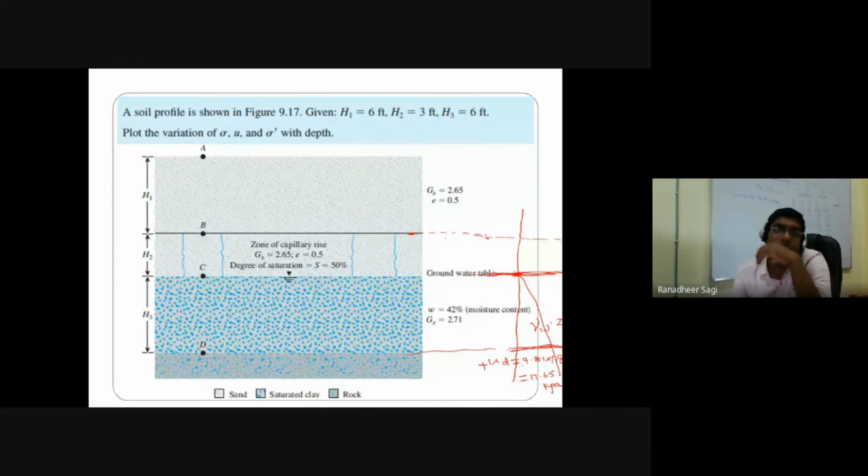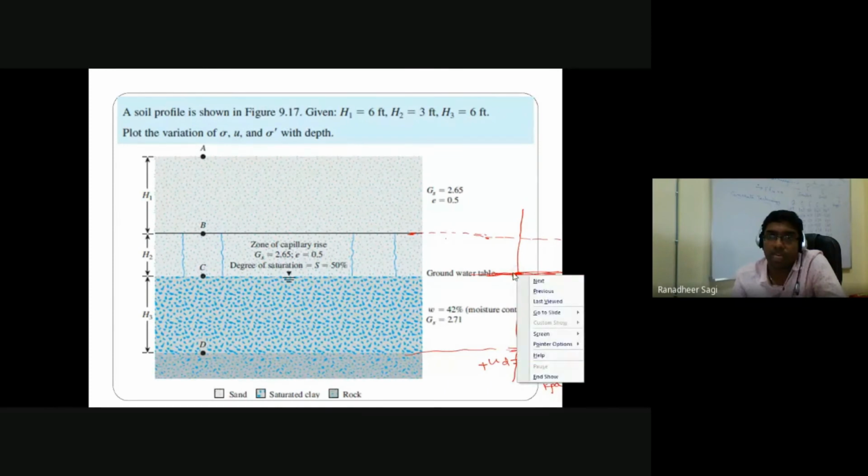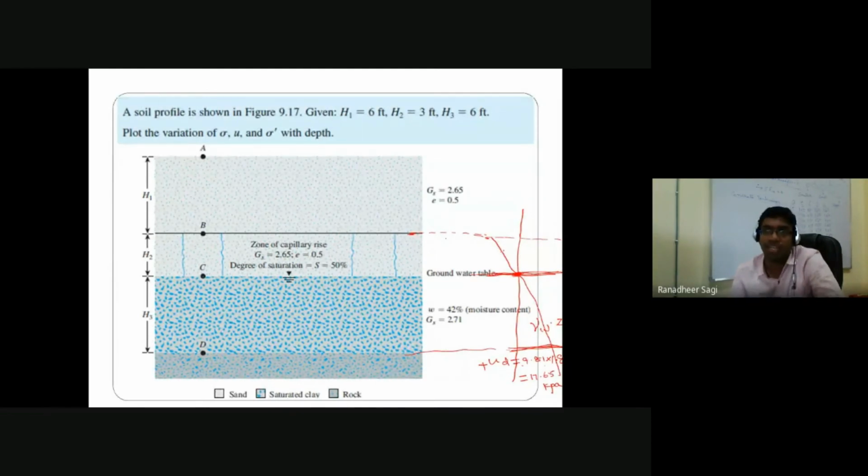If you can recall, how did we plot the variation of pore water pressure in the capillary rise direction? It varies like this. The more the capillary rise, the more negative pore water pressure you are going to have. We represented HC as the capillary rise.